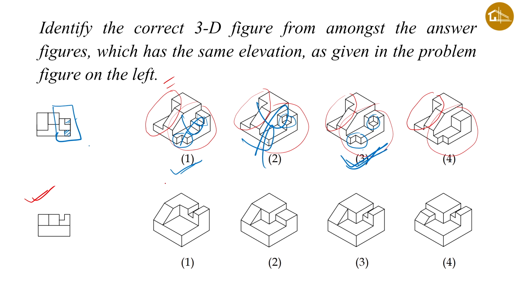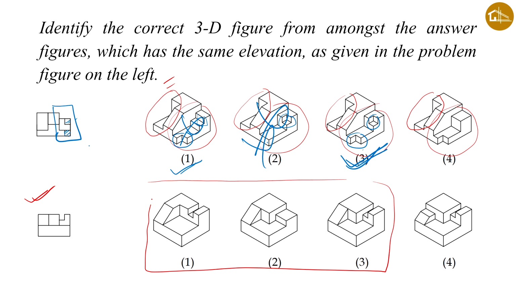Similarly, over here also we have to find a condition. As you can see in these three figures, this thing is common. This one is totally different. So first of all we will take this figure and compare it with the problem figure.